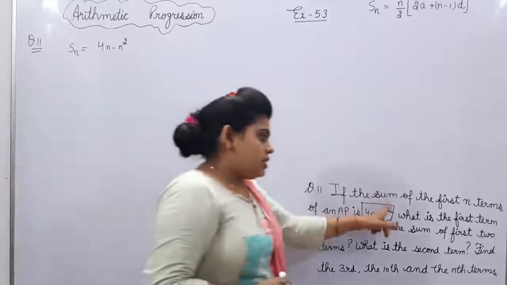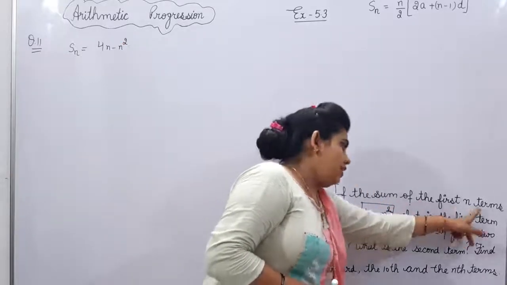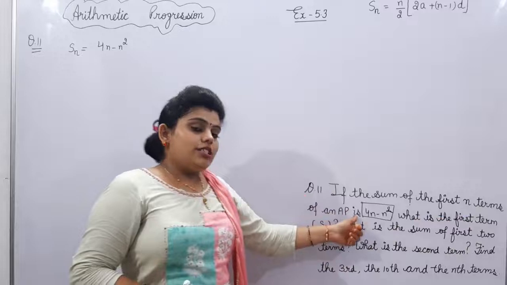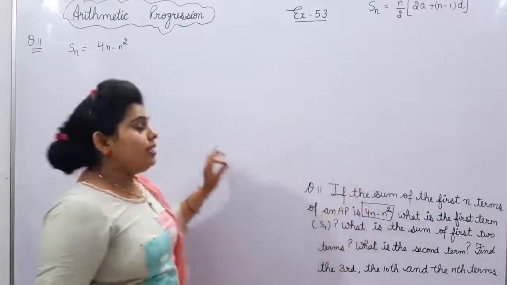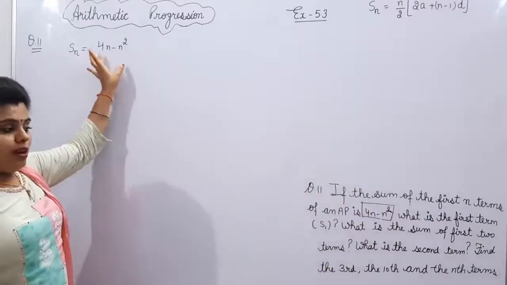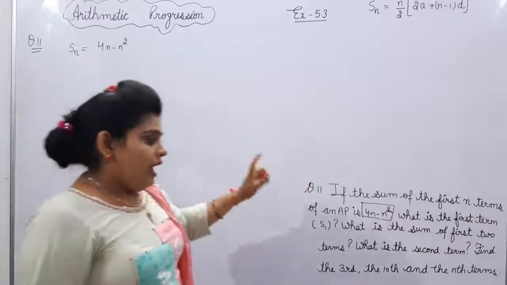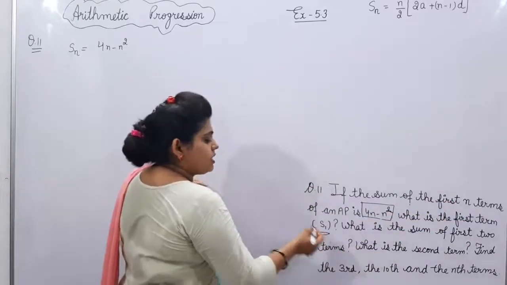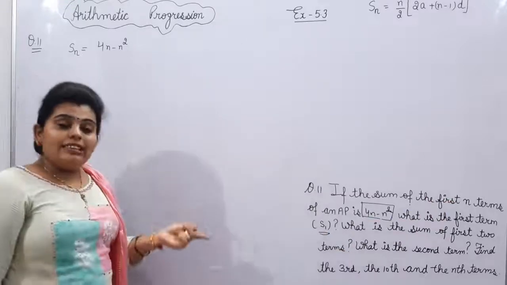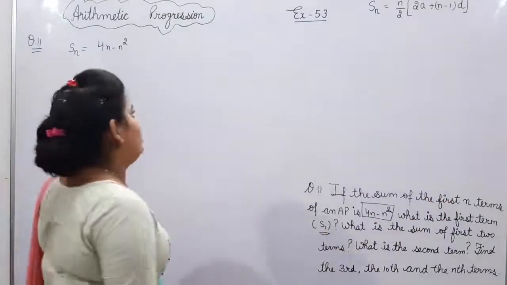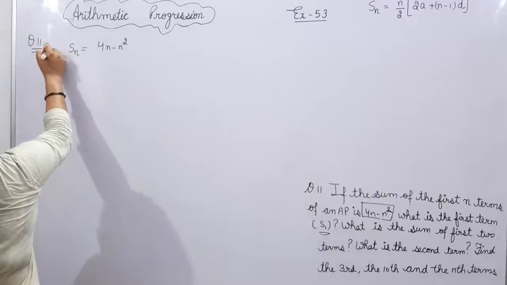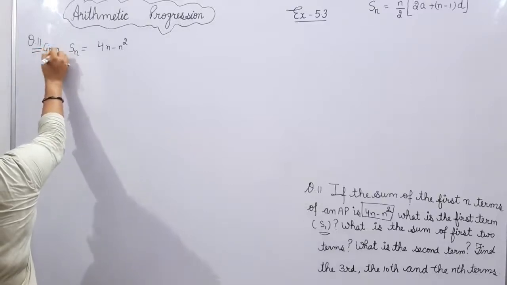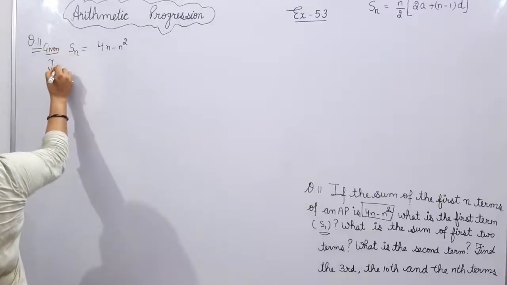We have to find the first term, that is S1. Why are we saying that the first term represents S1? It is given, dear students, and what we have to find?